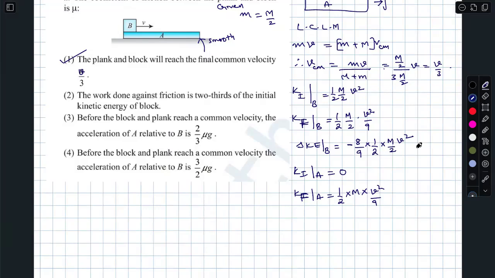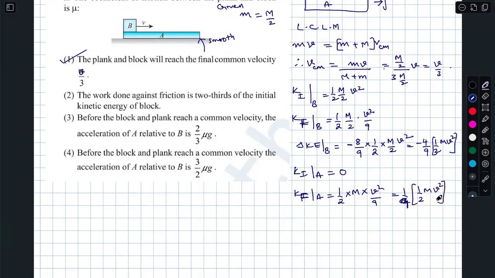Please try to understand, this is nothing but minus 4 by 9 times half m v square, and this is simply 1 by 9 times half m v square.